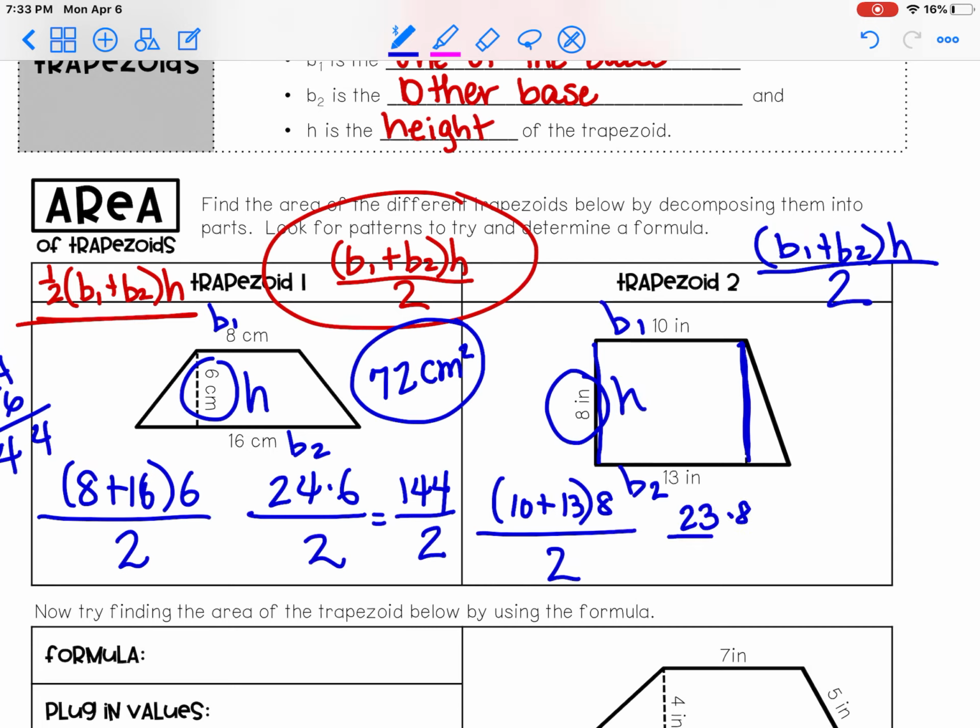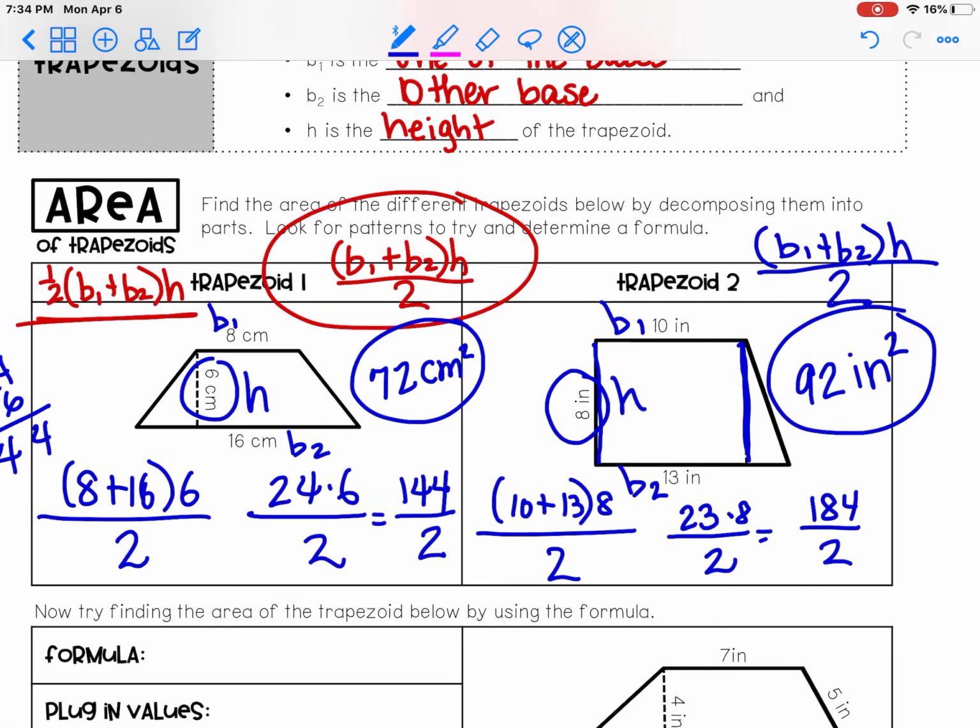Now it's 23 times 8 divided by 2. Don't know my 23, so I'm going to go over here and multiply. 23 times 8. 8 times 3 is 24. 8 times 2 is 16, plus 2 is 18. So now it's 184 divided by 2, which would be 92. So the area of this figure, 92 square inches.